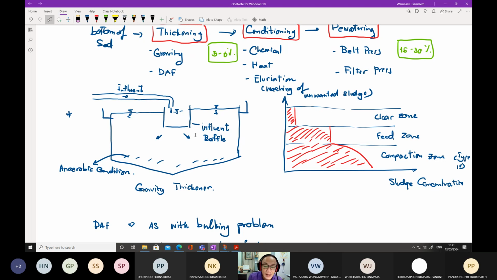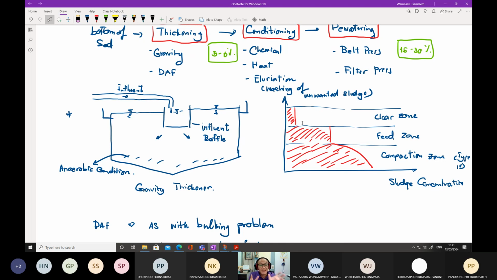If we monitor the concentrations of the sludge in this thickener, you will find the clear zone. The concentration of the sludge may not be high, but still there is some.